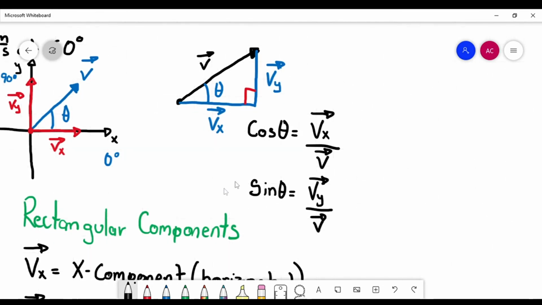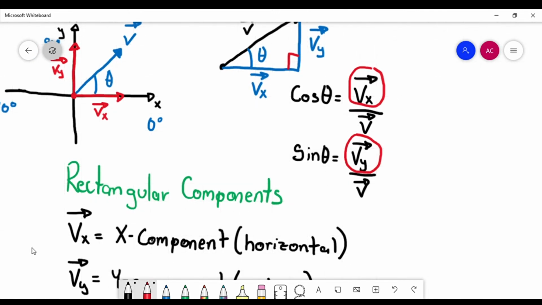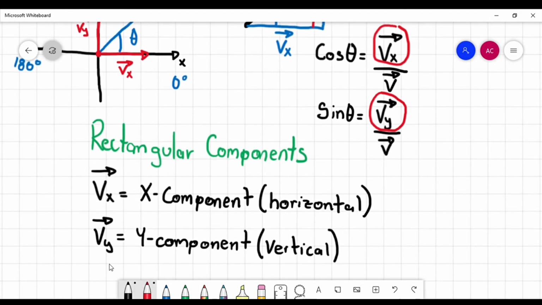Okay, so from these two formulas, I'm going to isolate bx, and from this one, I'm going to isolate by, because I need to find them. I need to find the formulas for those components, and I need to write them here.